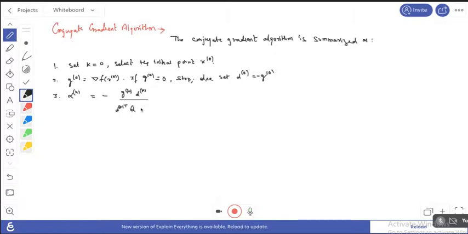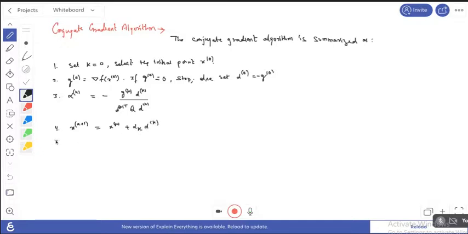Then, in step 4, you have to find xk plus 1, which equals xk plus alpha k dk. Here we write plus because we took alpha with a minus sign. If we take alpha k as plus, then you should define a minus sign here.